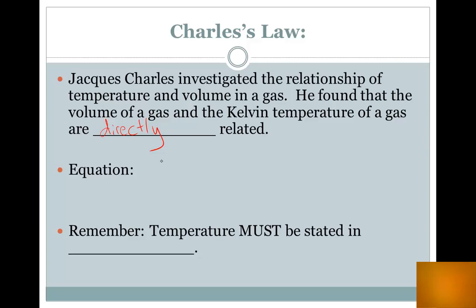Charles' law is volume initial divided by temperature initial is equal to the new volume divided by the new temperature. Remember, temperature must be stated in Kelvin. I cannot emphasize this enough. It must be stated in Kelvin.